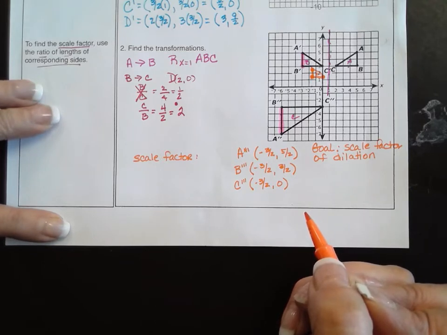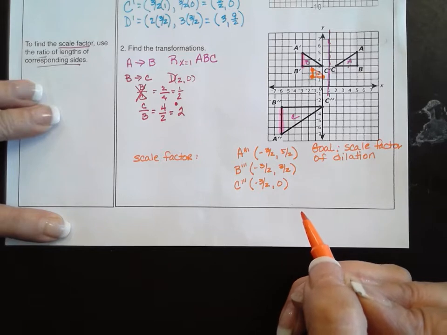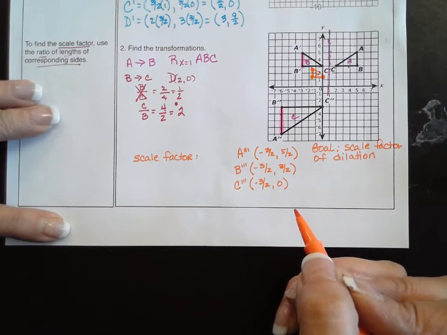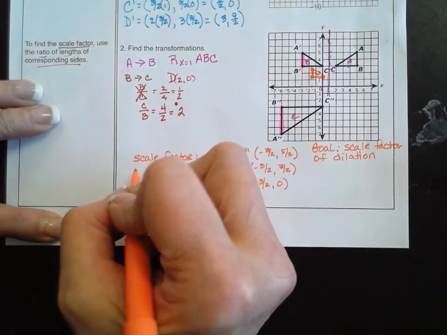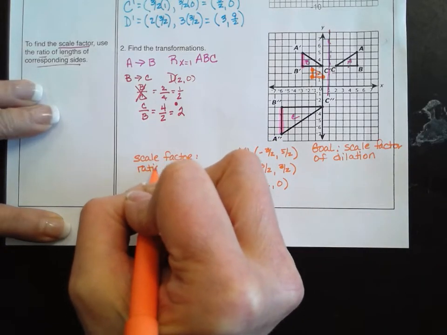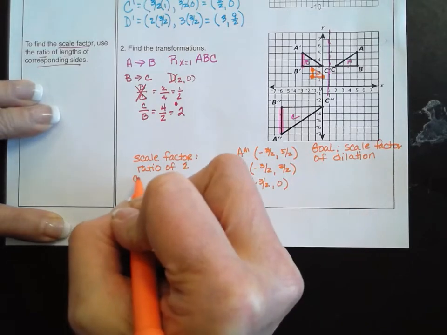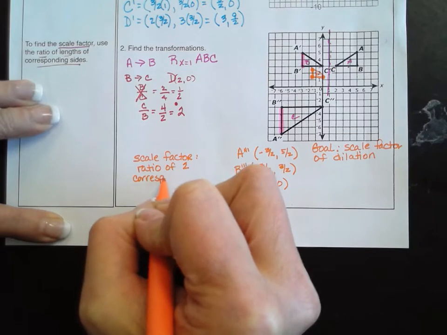Anybody remember the actual definition? Yes, which is called a what? It's not a division problem, what's another word for a fraction? Ratio, perfect. It's a ratio of two corresponding sides.